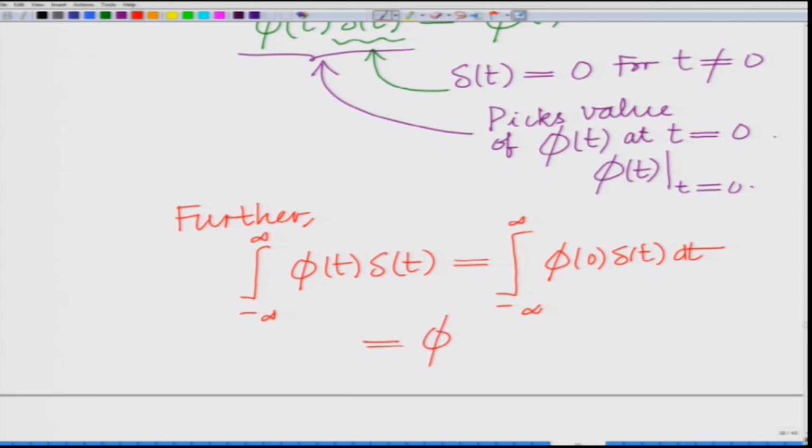So this is phi of 0 times the integral from minus infinity to infinity of delta t dt, which is equal to phi of 0, all right.